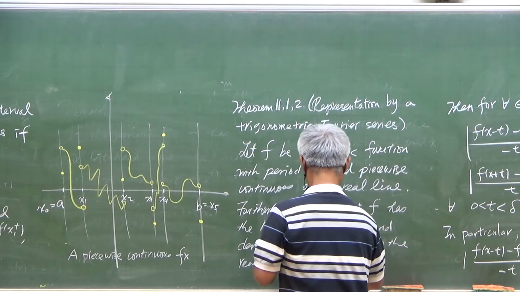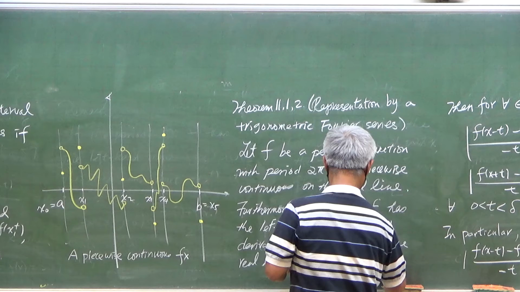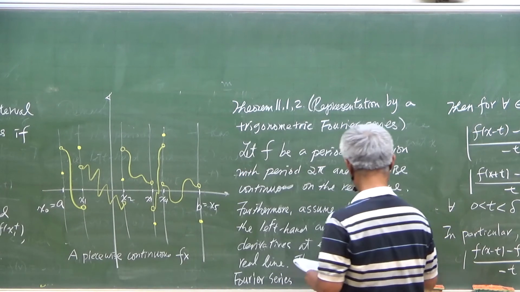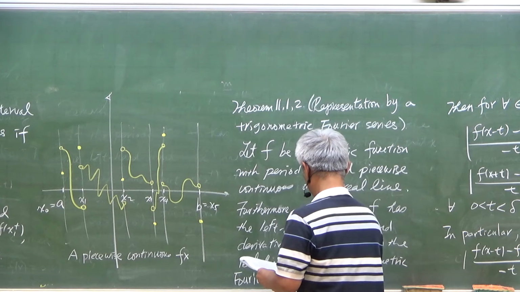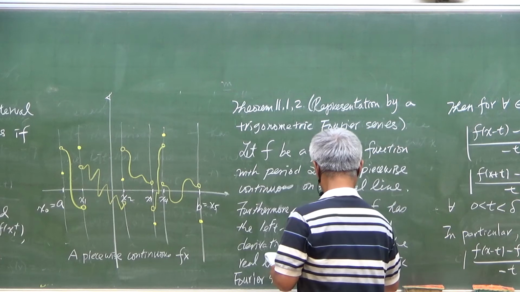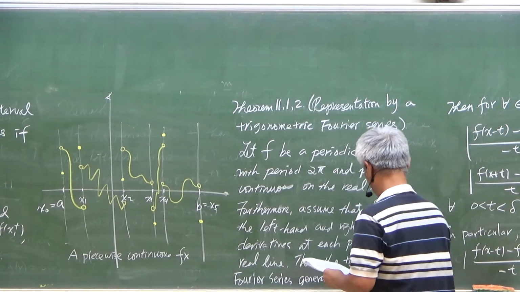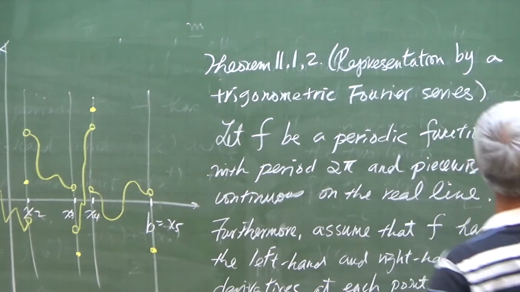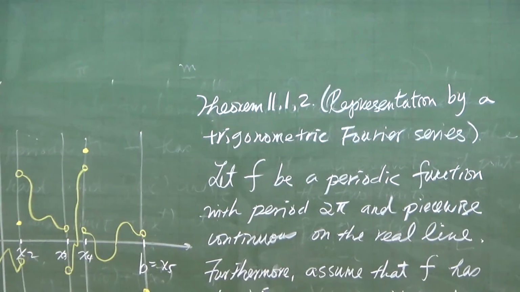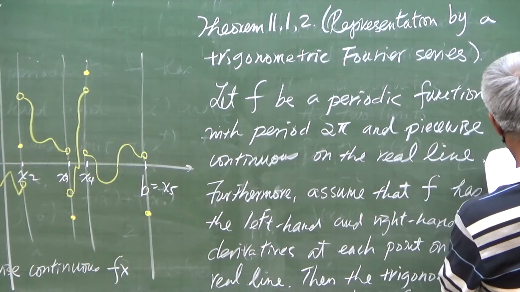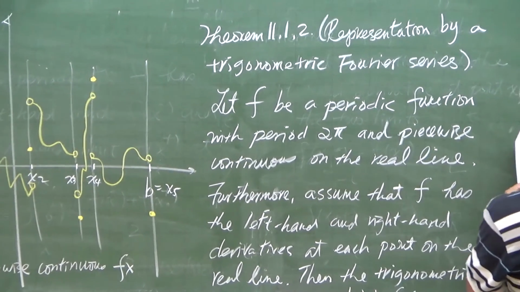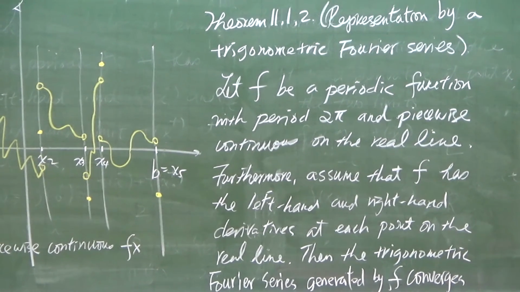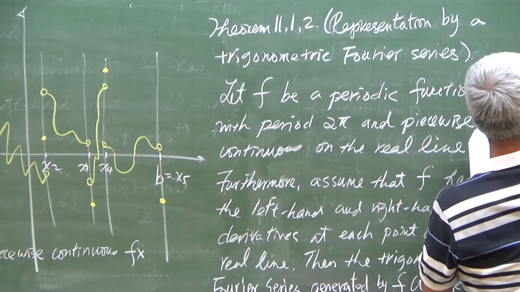Then the trigonometric Fourier series generated by f converges to f of x, except at points x where f is discontinuous.